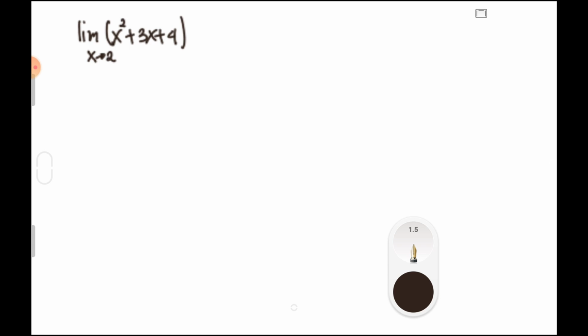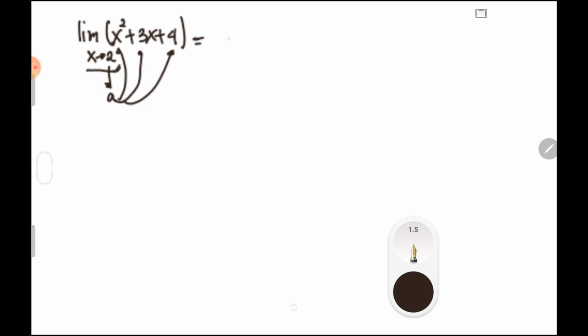So the limit of a function as x approaches a exists if f of a is defined. So by basically substituting the value of our limit, which is your a, to the values of x, we will get the limit of this equation.